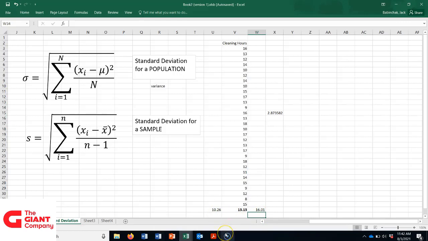Based on the normal distribution curve and the empirical rule, I know that 68% of all of these observations, almost 70% of them, fall between 10.26 minutes and 16.01 minutes. So almost 70% of the ladies or men cleaning the rooms could do it between this time and this time.